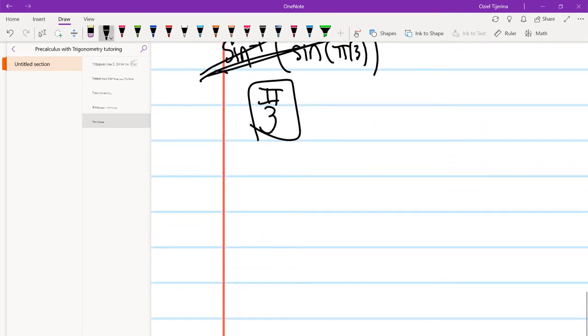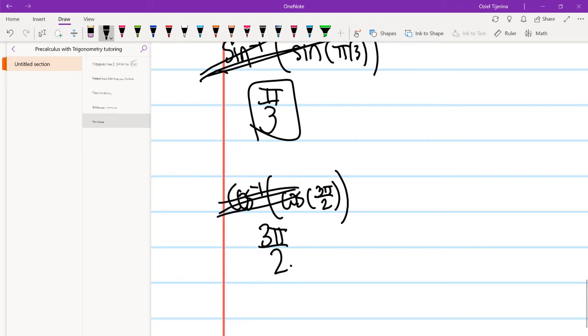Same thing if you were to say something like cosine inverse of cosine of 3 pi over 2, these two would cancel out, so you're just left with 3 pi over 2.